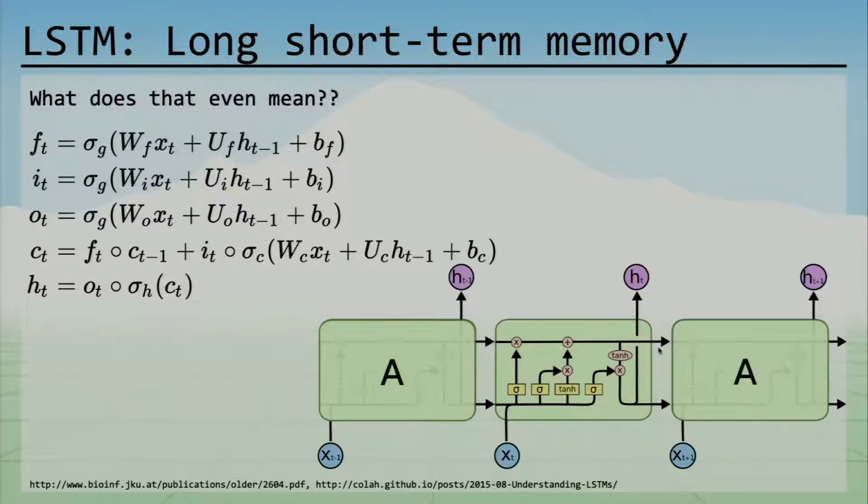But once you dive into it, the feel is very similar to GRUs, where we have gating functions deciding whether to use information from the previous time step or whether to use updates that we're calculating. I'm not going to go into the details here, but the important part is that our output, our hidden units or memory state, has a path it can take through this network that's unimpeded, which allows some of these longer-term dependencies to be modeled a little bit better by networks that look like this.